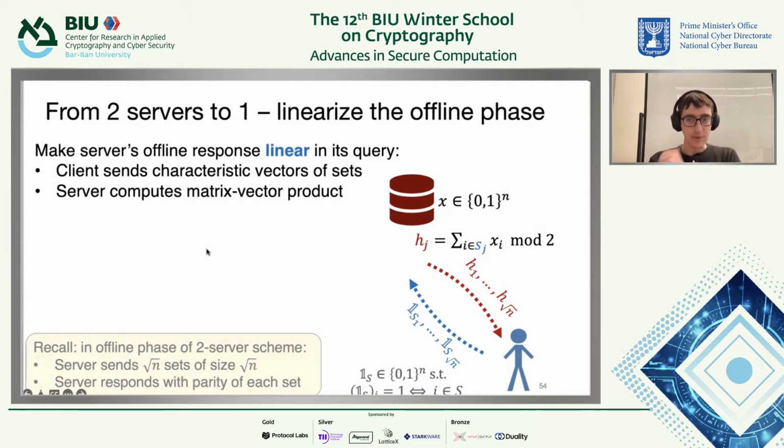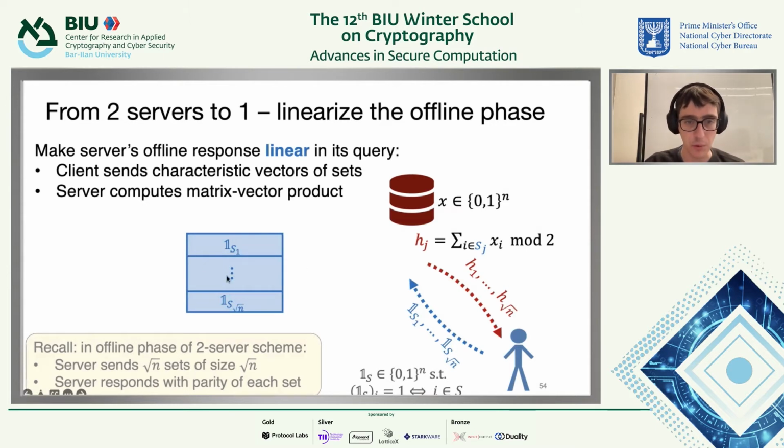And then if we have this representation of the sets, the server can compute the response as a matrix vector product between a matrix that contains all those characteristic vectors and the database represented as a vector. So let's see how it works. We have one row in the matrix for each set, which is the characteristic vector, and we have the database as a vector.